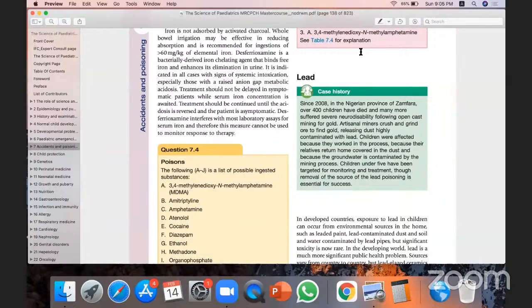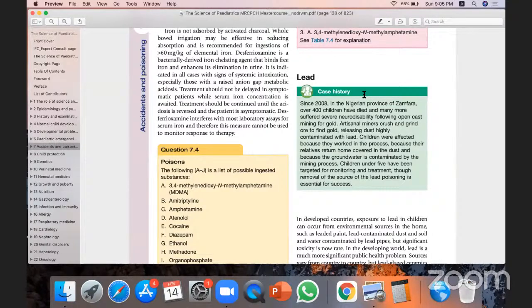Now, since 2008, there is an increasing incidence of lead poisoning. Remember, lead poisoning, old houses. Some pipes contain lead, and old houses contain lead, and lead-containing utensils like kasha, shisha.